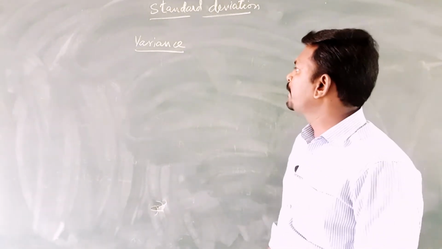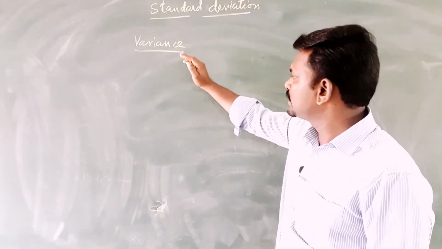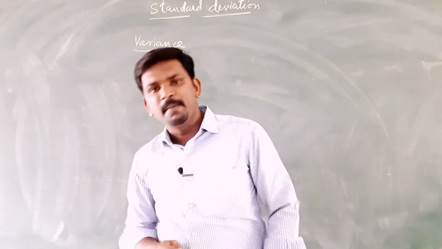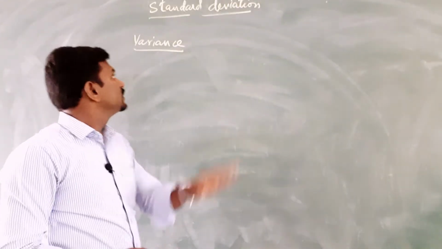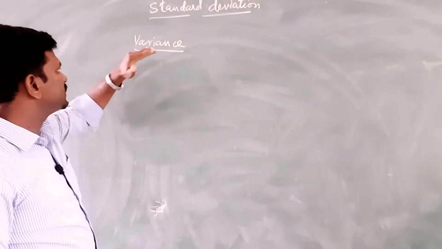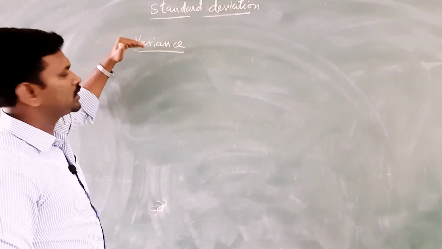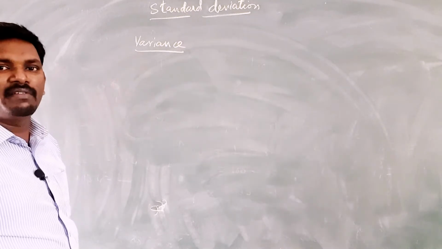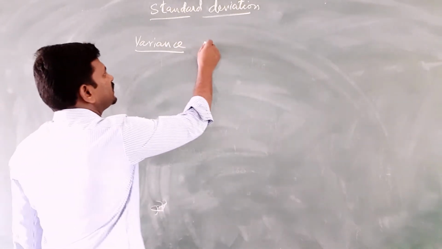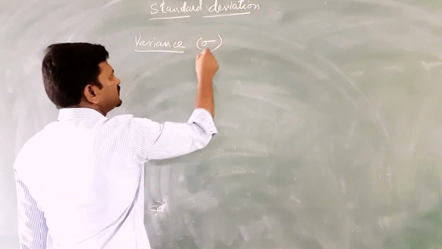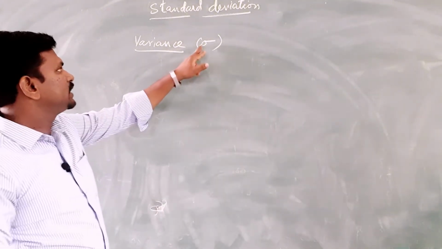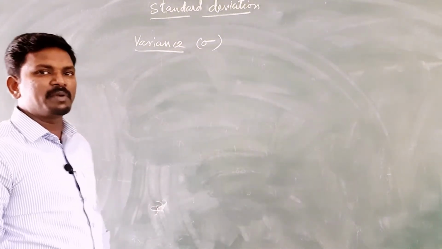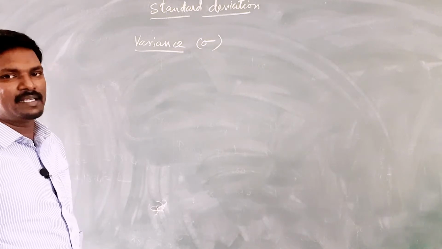Variance is one of the measures of dispersion. So standard deviation is the positive square root of the variance. We will denote variance by sigma.